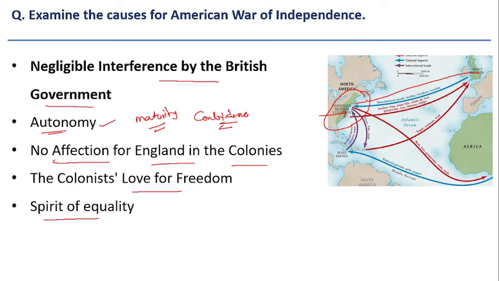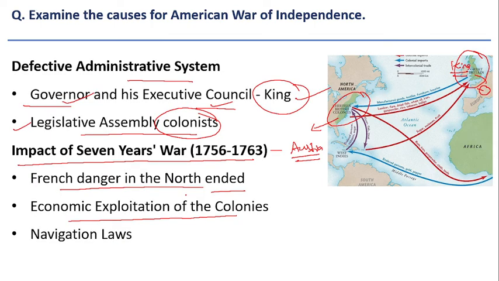Next, negligible interference by the British government. Even though the British were ruling them, they had given autonomy to the colonists. This made them confident that they could rule for themselves. Defective administrative system: there was an anomaly in the administrative system, and the colonists wanted to eliminate it.